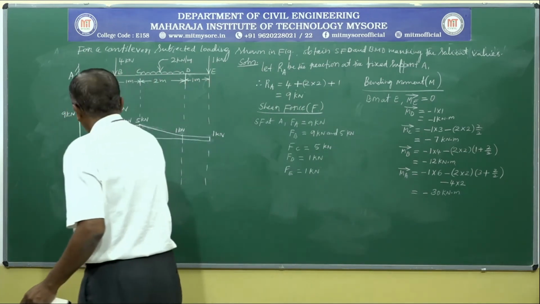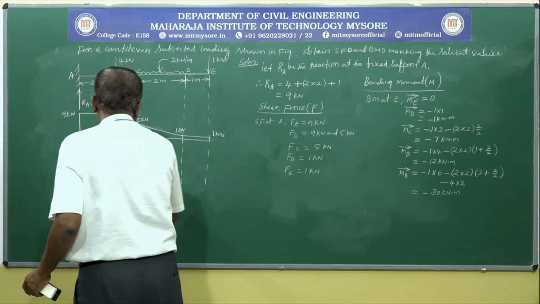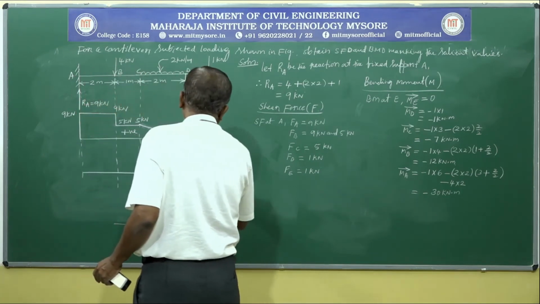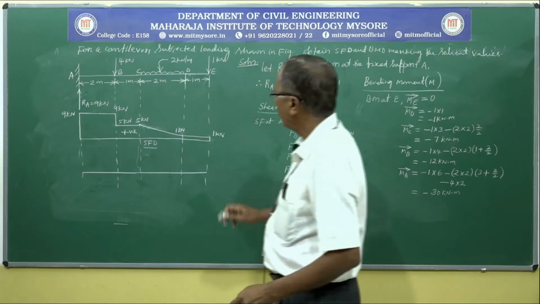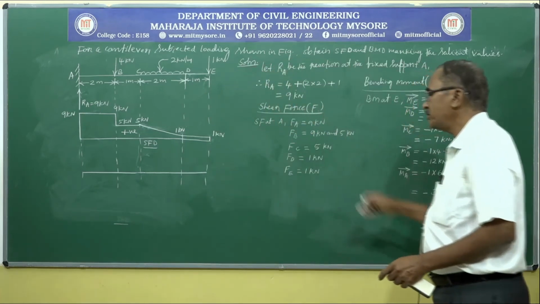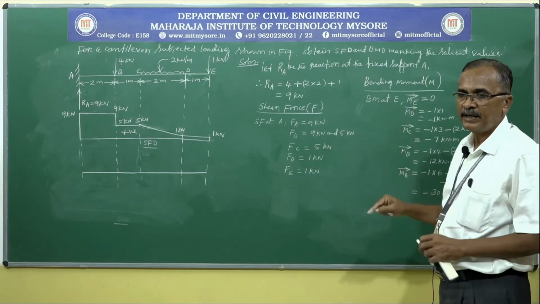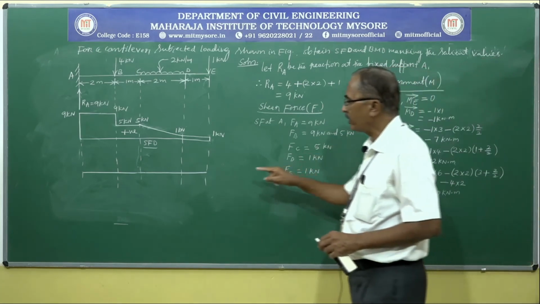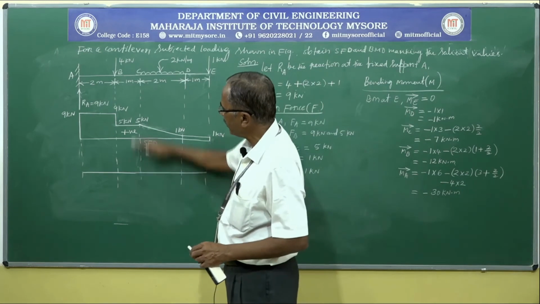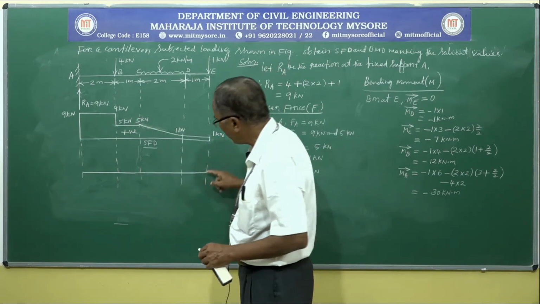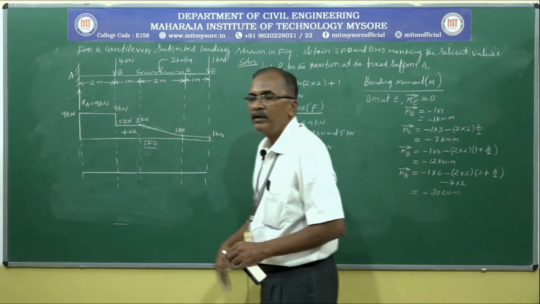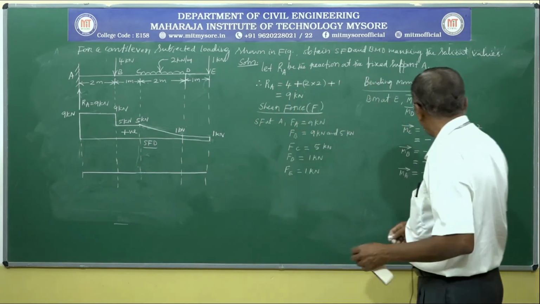Okay, let us draw the bending moment diagram. We got all the values, negative values. Predominantly in case of cantilever, we get all the bending moments as negative values. So while drawing reference line, we can draw this reference line close to the shear force diagram so that we can mark all the bending moment values below the reference line.